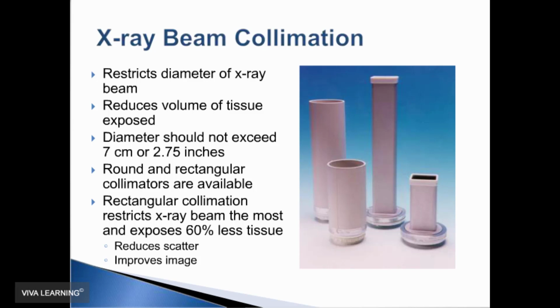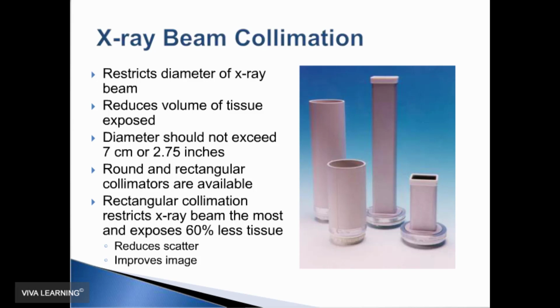The National Council on Radiation Protection, as well as the International Commission on Radiological Protection, are recommending rectangular collimation, and this is because it restricts the X-ray beam the most and reduces the exposure to the tissues by more than 50%.